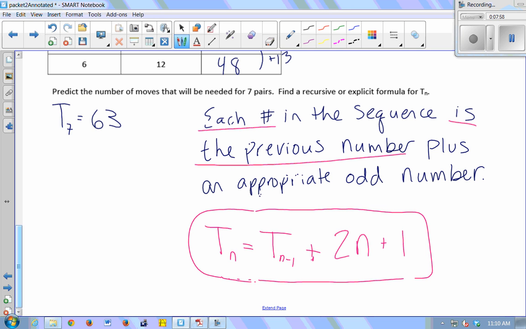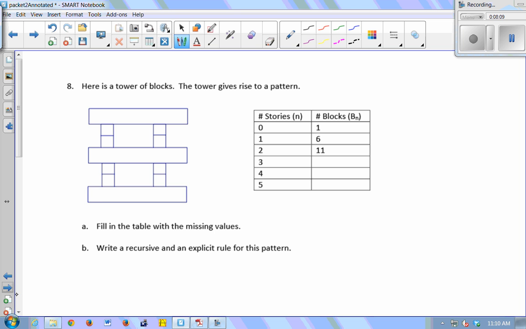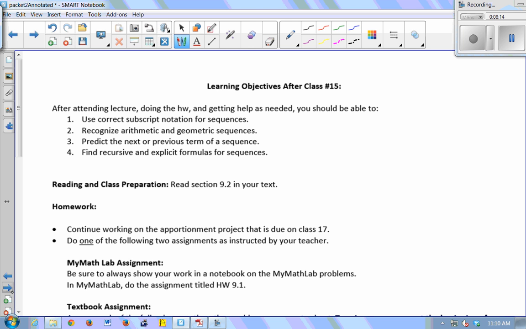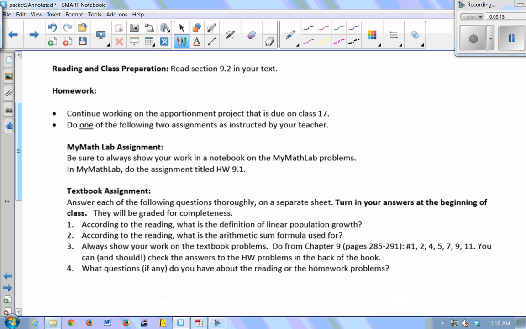All right. How do you feel about that? Kind of okay? All right, so there's a worksheet on the next page, and I forgot to make it an official part of your homework. It doesn't say in the learning objectives area where I usually write your homework. Down here, homework, it just says my math lab.